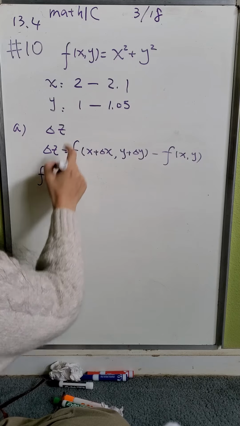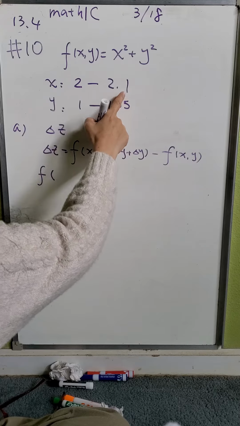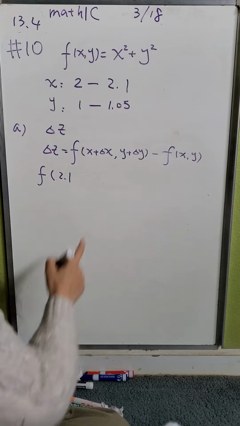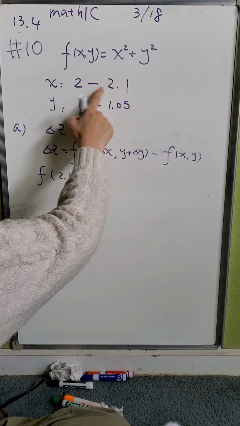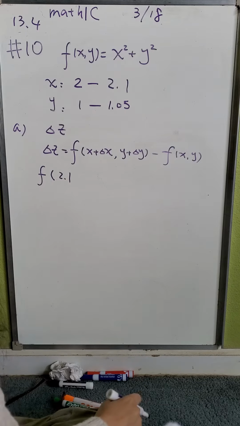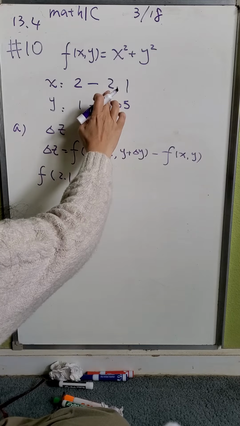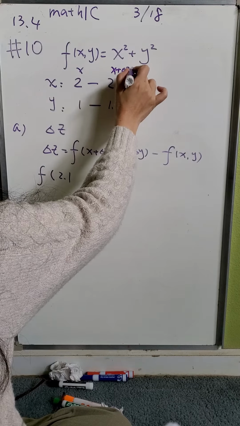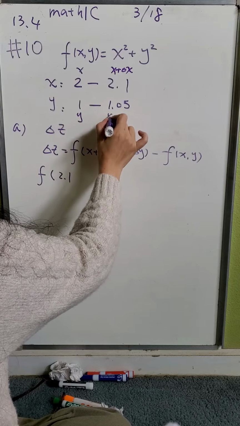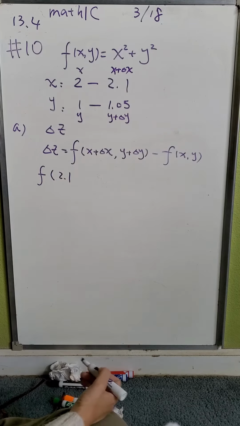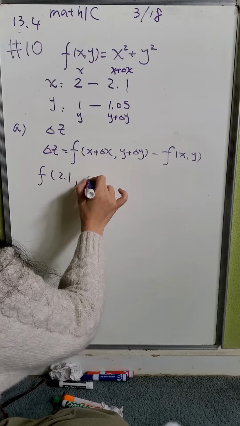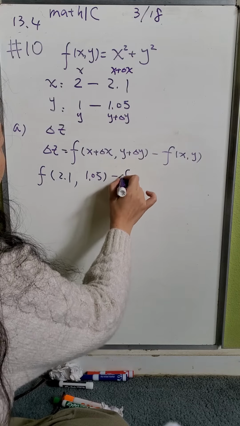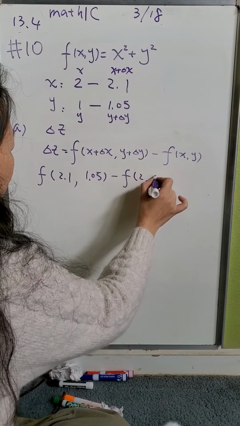Your x goes from 2 to 2.1, so that's your 2.1 right here, okay? Delta x is equal to 2.1 subtract 2, which is 0.1. This is x plus delta x, okay? This is y plus delta y. So they gave that to us already: 2.1 and then 1.05, subtract x, y, 2 and 1.